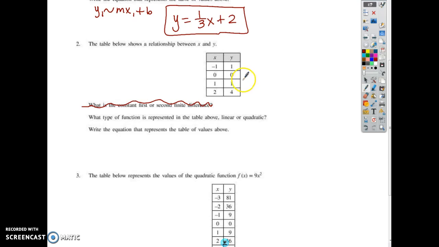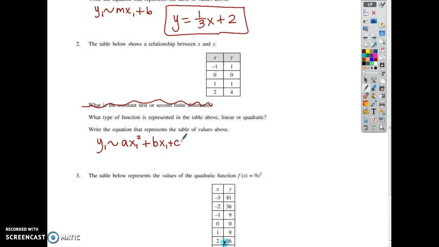Because when you put this in decimals, it's a quadratic. Okay? So I'm going to put it in a little bit, but you guys should have noticed on your graph that it is not linear, it is quadratic. And we're going to use the equation y1 approximately ax1 squared plus bx1 plus c.